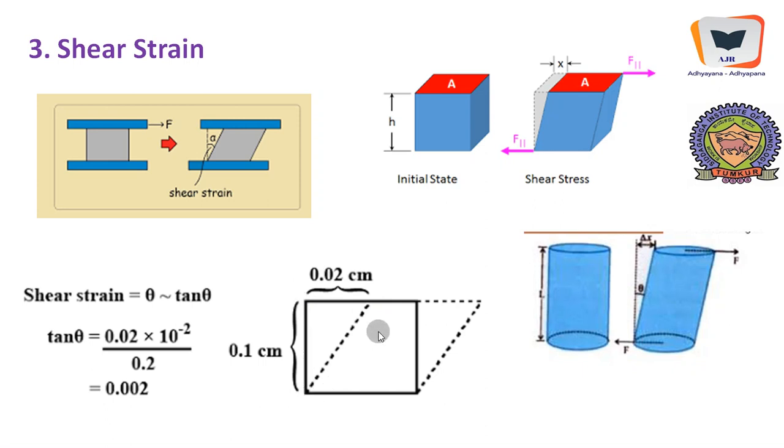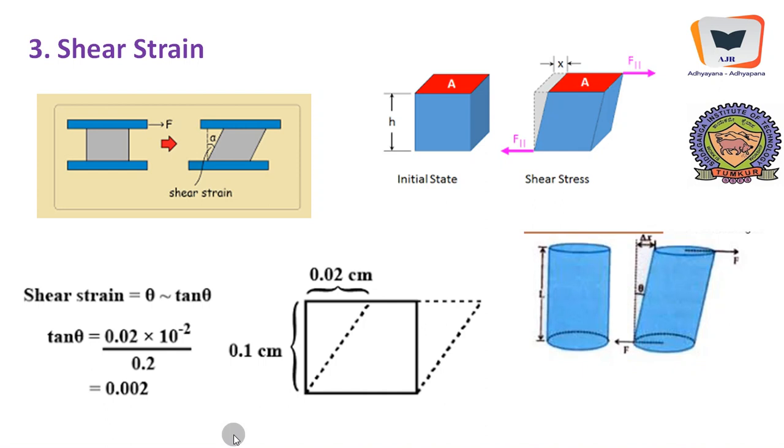If normal strain is referred to as change in length by original length, shear strain is always referred to as the ratio of the magnitude of dislocation of a point with respect to the standard height or unit height. So the ratio is opposite by adjacent, 0.02 divided by 0.1, which becomes 0.2. So we understand that shear strain is going to be a very small quantity.